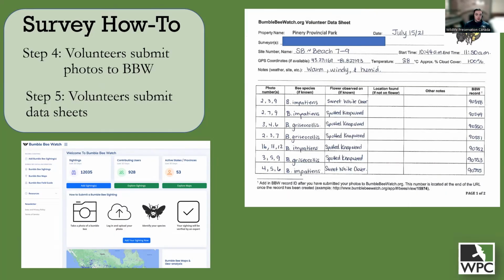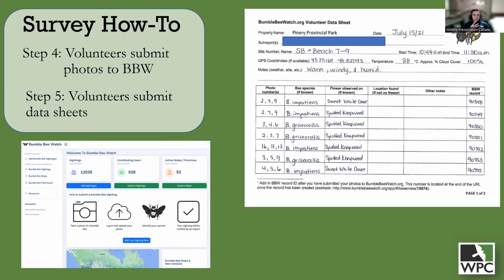So when volunteers are out in the field, they'll complete this data sheet in its entirety, except for this final column here that says BBW record. That's Bumblebee Watch record. So the general order of survey and Bumblebee Watch contribution goes: survey, bee photography, then you'd release your bee.